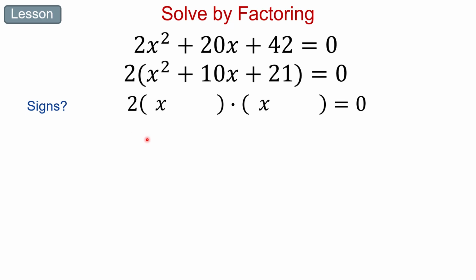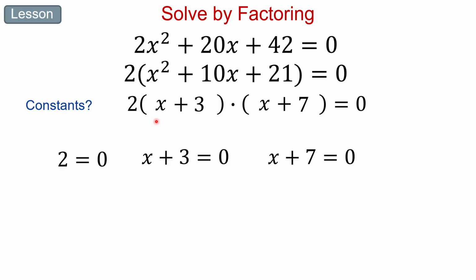Again, the signs are going to be the same, but they're going to be positive since the middle term is positive. Now, we are looking for two numbers that multiply to 21 but add up to 10. These numbers are 7 and 3, or 3 and 7.